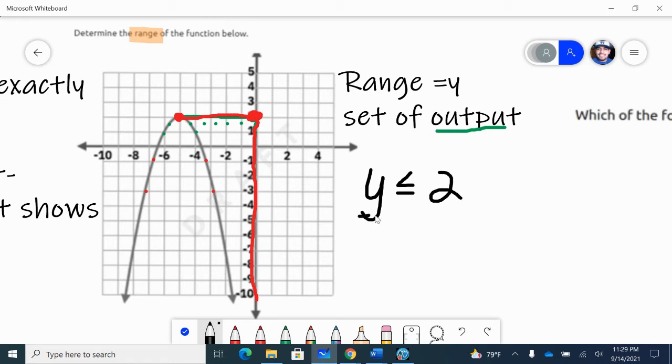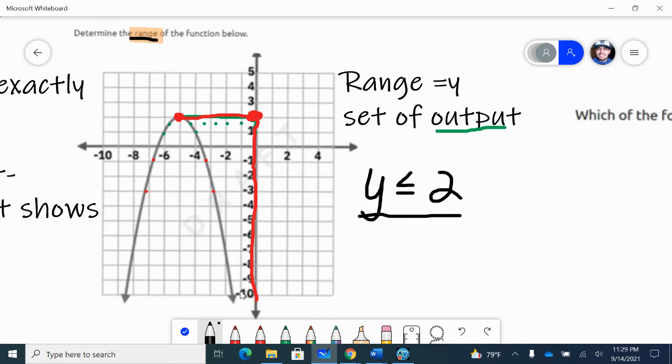That is your range. I know you're saying, well, what about the x's? It doesn't matter what the x's are, because this problem wants us to find the range. Range is looking at the y coordinates of each point. So what y's are being used? It's the set of outputs. Here we're looking at the y's of each point.